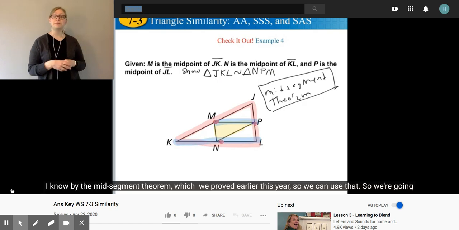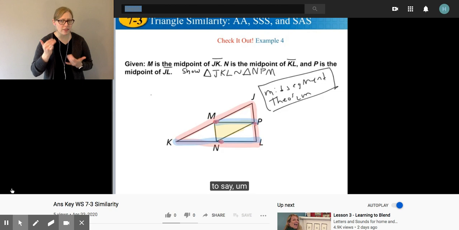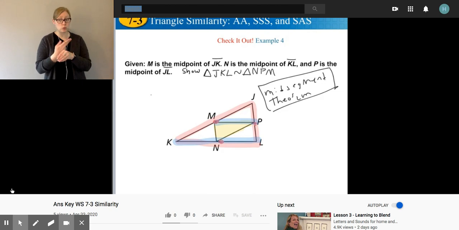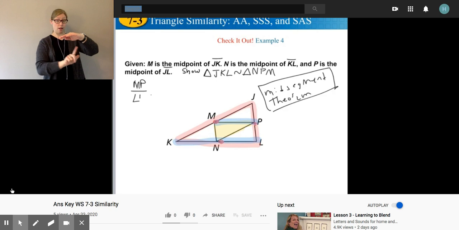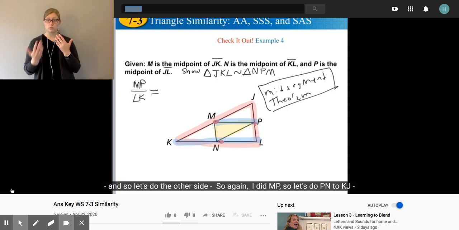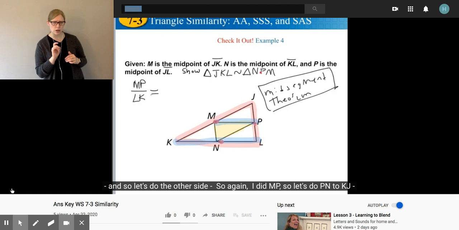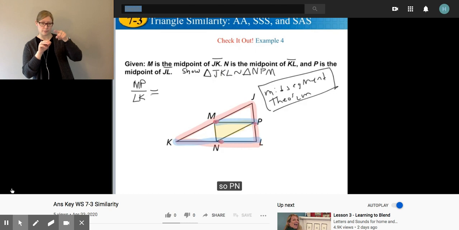So I know by the mid-segment theorem, which we proved earlier this year, so we can use that. We're going to say that the ratio of MP to LK is going to be equal to, and so let's do the other side. So again, I did MP, so let's do PN to KJ.